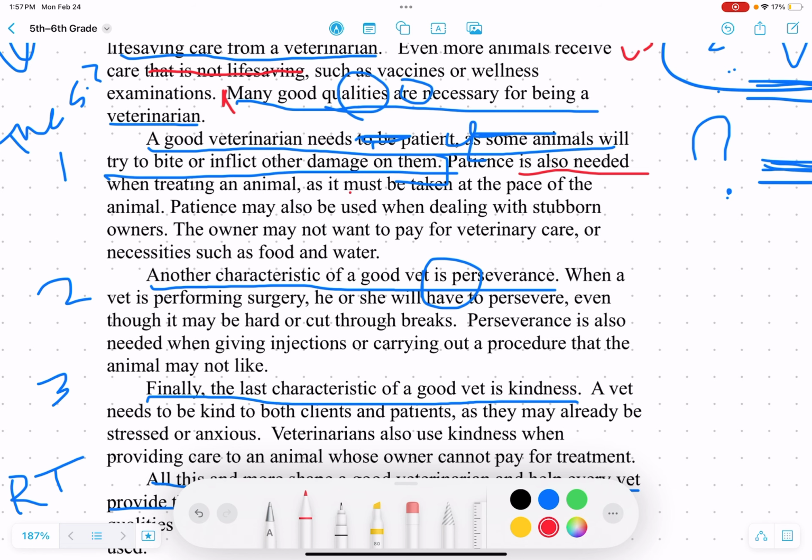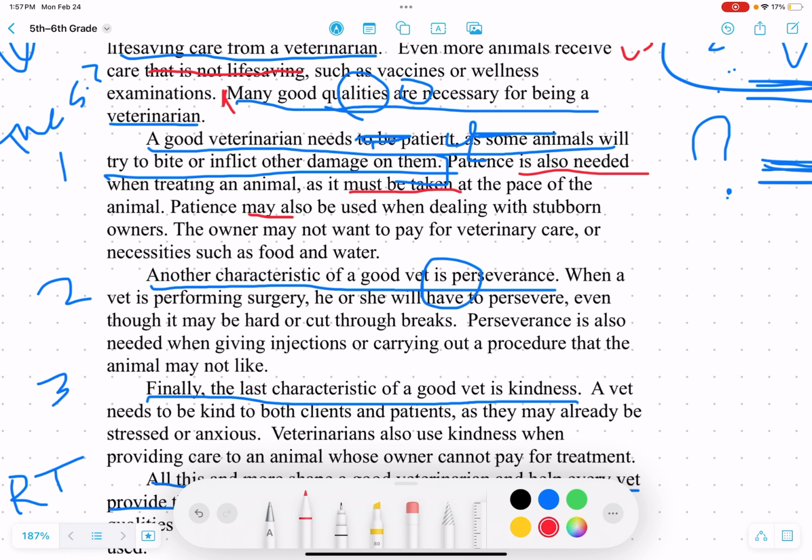There's another passive. Ooh, we've got lots of passive voice in here, don't we? It's also must be taken at the pace of the animal. How about this? The animal controls the pace of the treatment. Some animals are stubborn. Some are scared or fidgety. So the vet must employ patience.